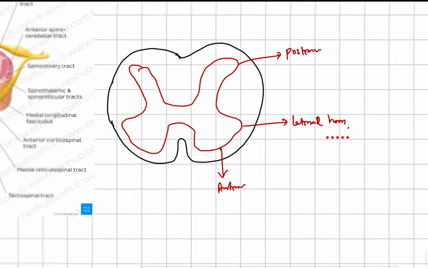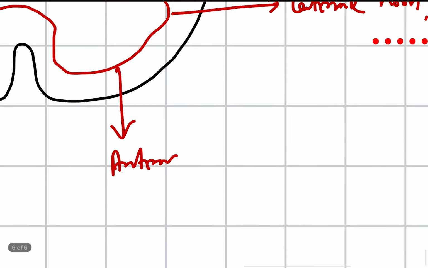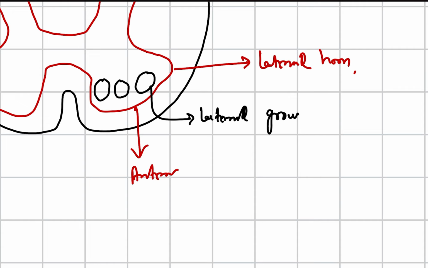Throughout the anterior horn, there are some nuclei arranged in this manner: medial, median, intermediate, and lateral. These are the anterior group. This is the lateral group of nucleus.